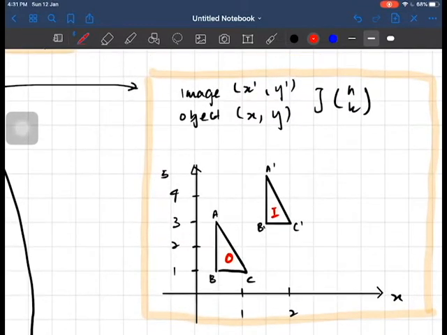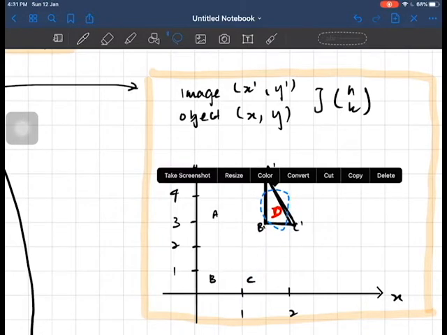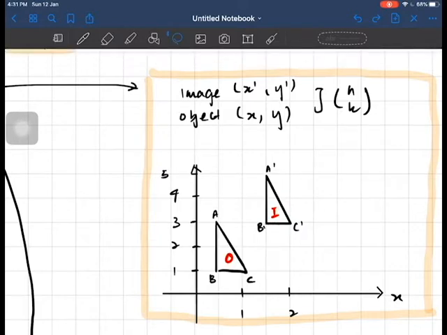So what's the translation? We can see the similarities: it's a similar shape, a similar direction, but it's just in a different position. So basically, the object is moved until here. To determine the translation, we have to know how it's moved.